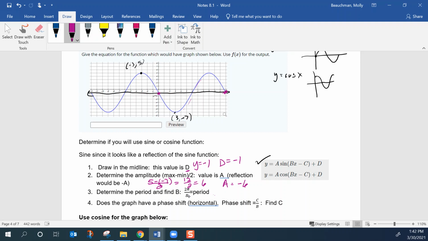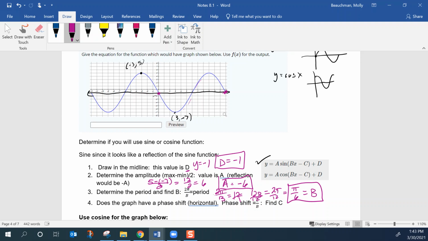To find b, we take 2 pi over b is equal to the period, which is 12, and then solve for b. You can think about that as 12 over 1 and cross multiply: 12 times b is equal to 2 pi. Divide both sides by 12, and we get pi over 6 is equal to b. a is -6, d is -1.